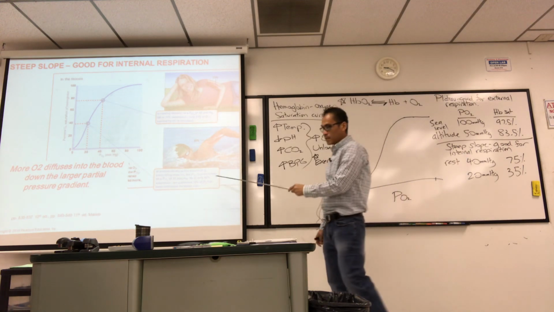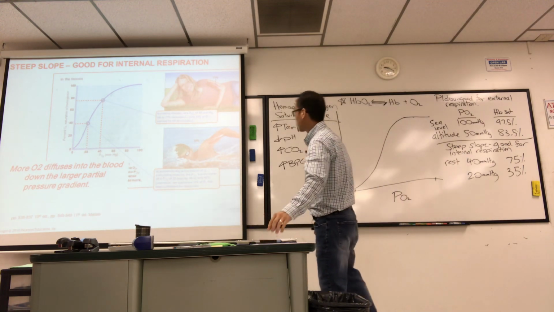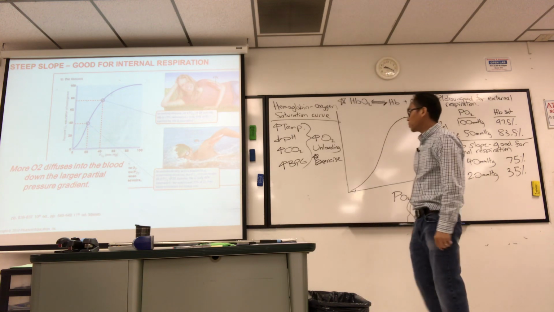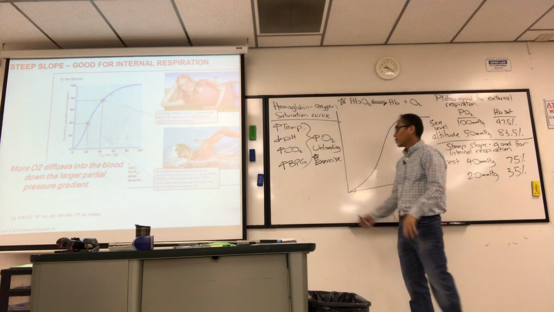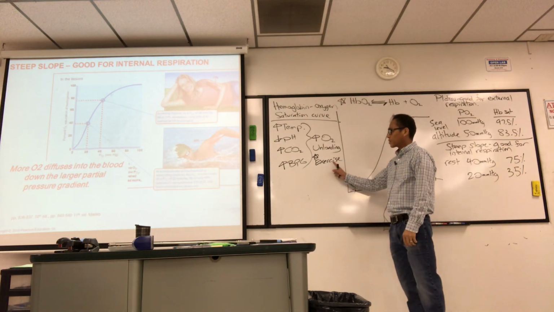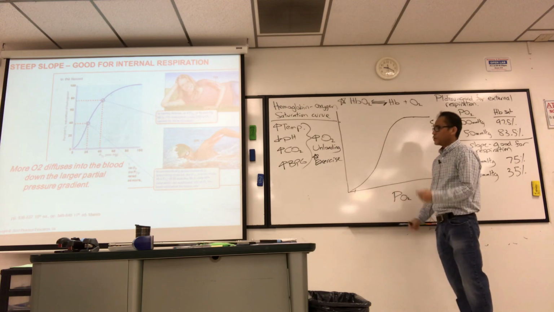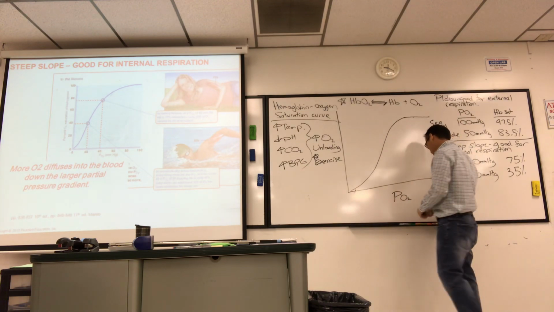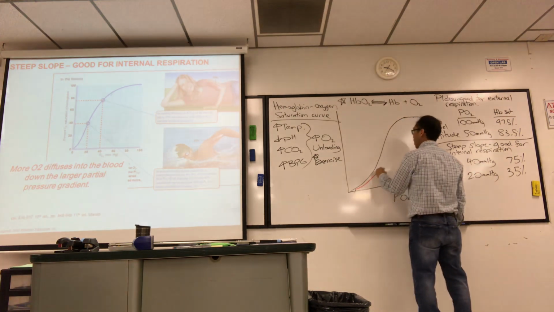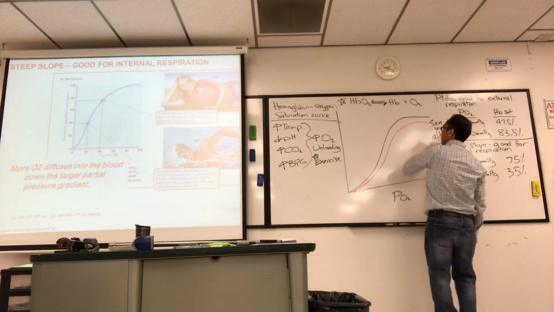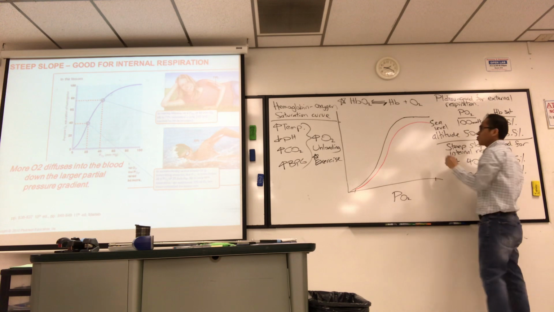So what I was saying is you get more O2 unloading. In fact, what you actually do when you increase your exercise activity enough is you take the whole curve and you shift it to the right. You shift it down and to the right, what I drew in red.